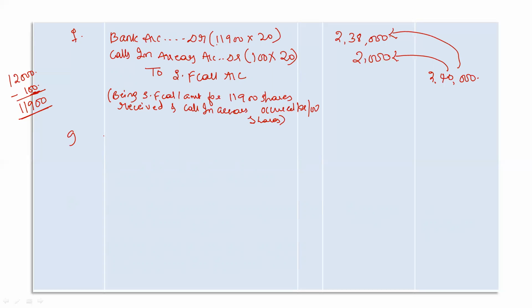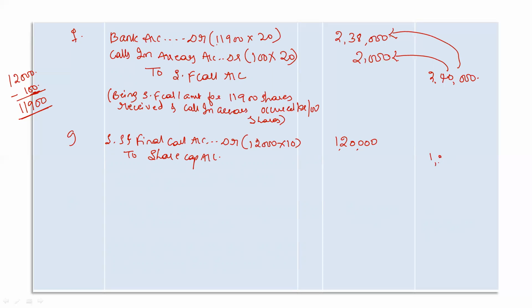So next entry is due entry for second call process. The entry will be share second and final call account debit. For full 12,000 shares, company is asking to pay 10 rupees. So basically, company is asking 1,20,000 rupees to be paid during second and final call to share capital account.